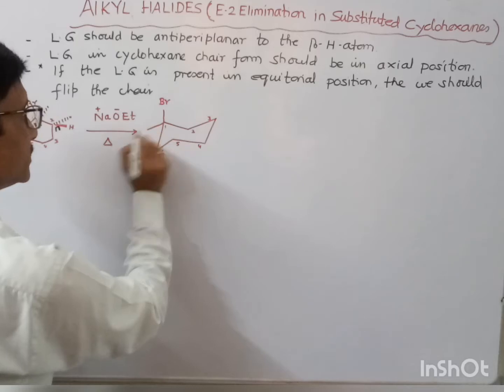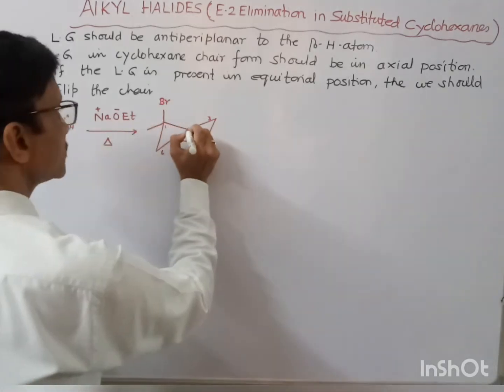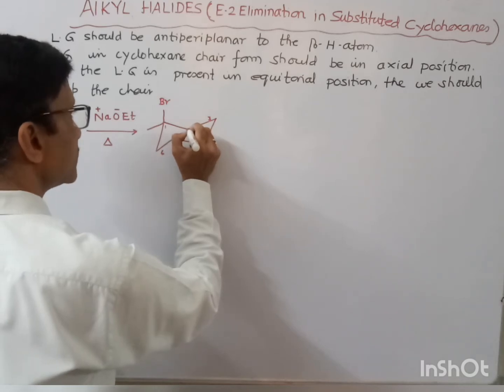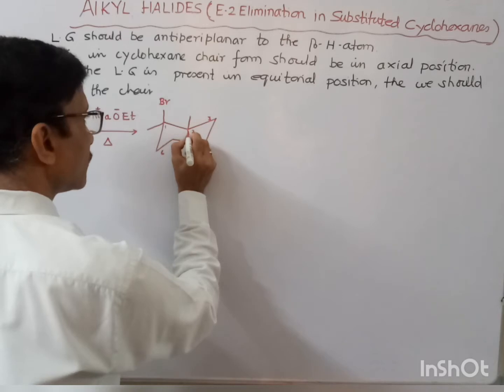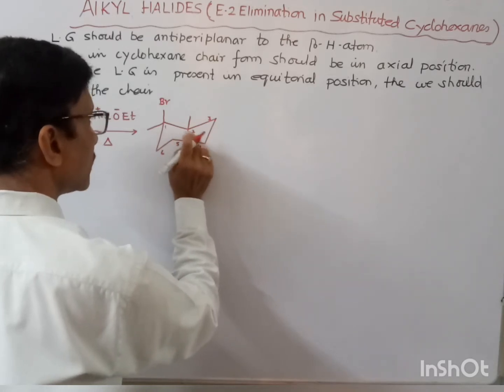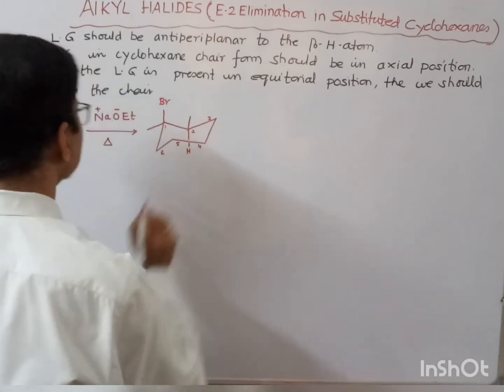At the second carbon atom, one CH3 is above, and one of the hydrogens is below.